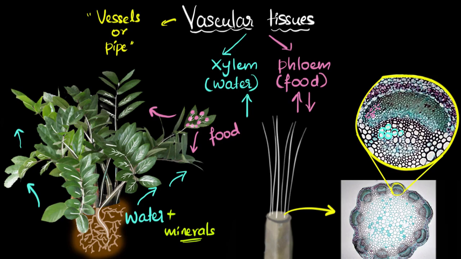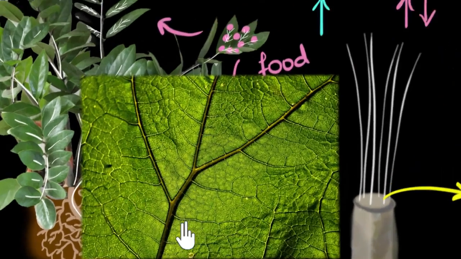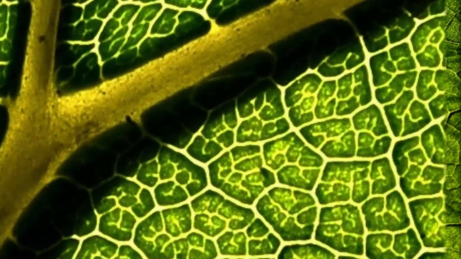So let me show you a zoomed in version of the leaf. Right? You may have seen a leaf like this. The veins that you see in the leaves are actually the xylem and the phloem. These are the vascular tissues. And then you can see they branch off into becoming smaller and smaller. Let me zoom in even further. And you can see them branching off like a network of roads connecting different parts of the city, right?